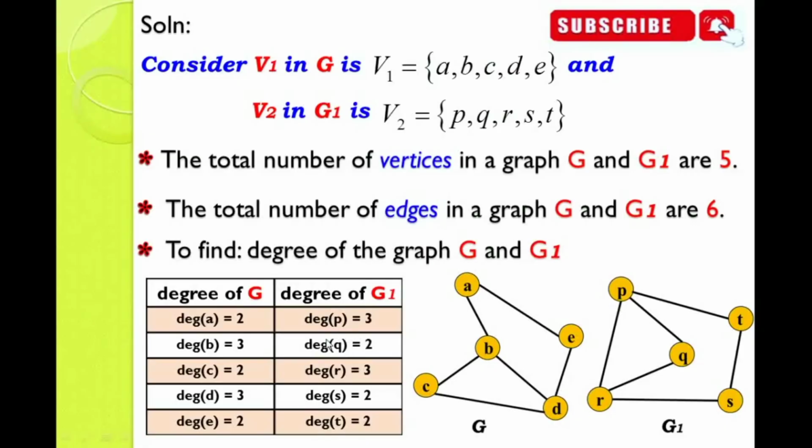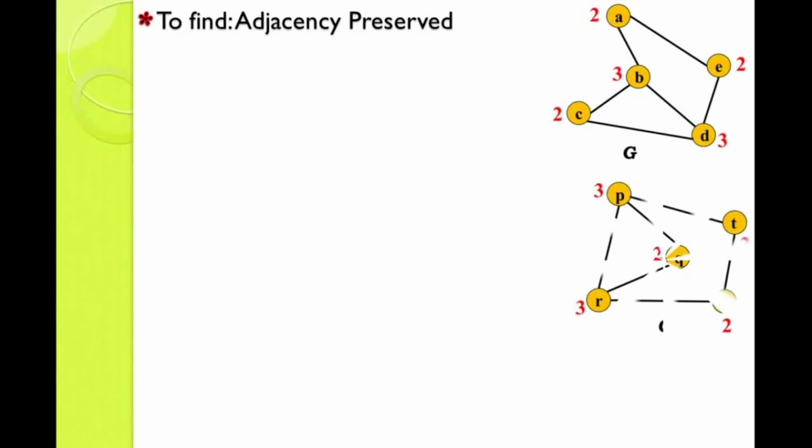Then we go to step number 4. What is step number 4? We have to verify that adjacency is preserved, which means both graphs have edge preserving and vertex preserving. So now we consider the given graphs G and G1. We have to verify that all vertices in G and all vertices in G1 have a one-to-one relation and an onto relation.